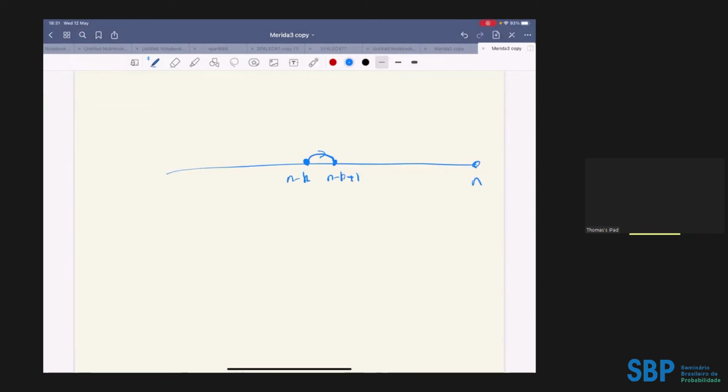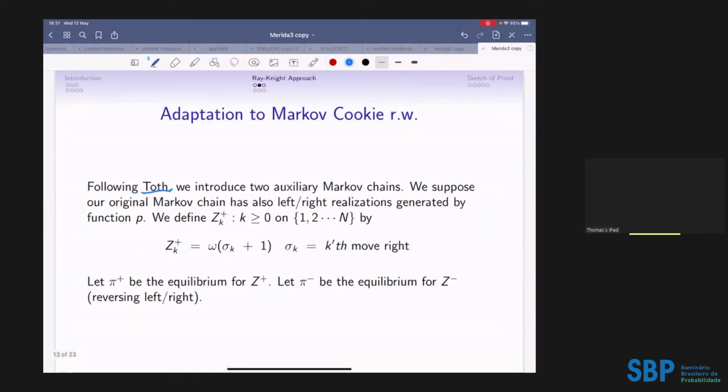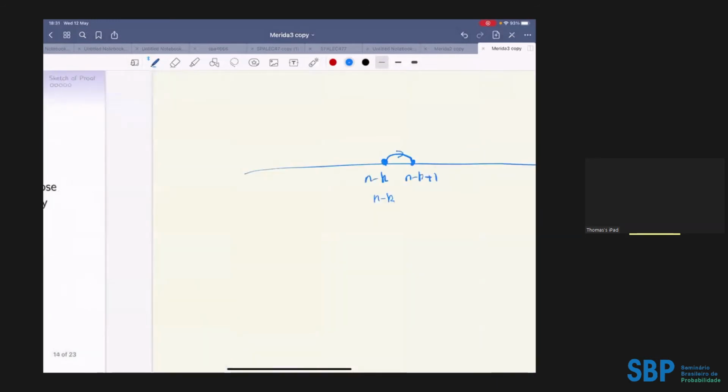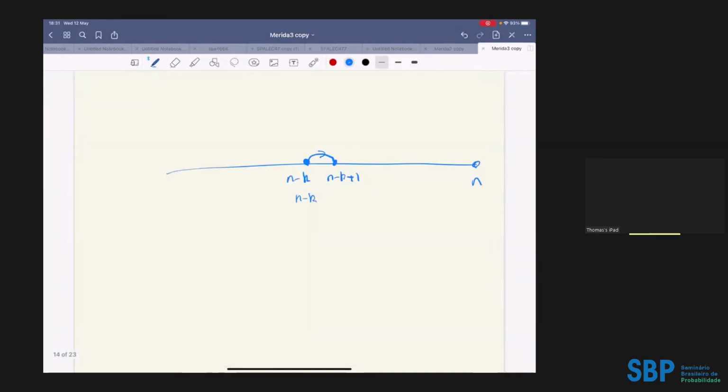let's consider, instead of our Markov chain which evolves at site n minus k, the Markov chain where we just look at the state of the chain after it has moved, let's say, to the right for the kth time.